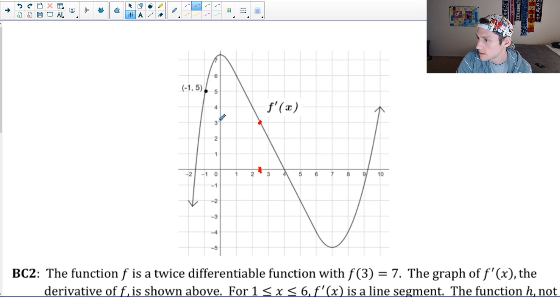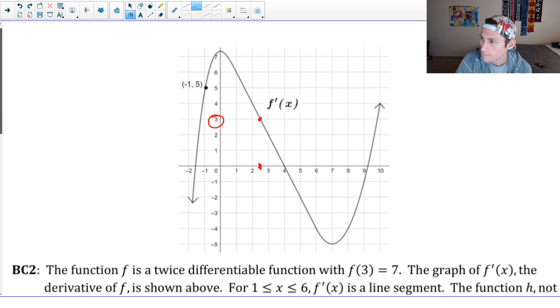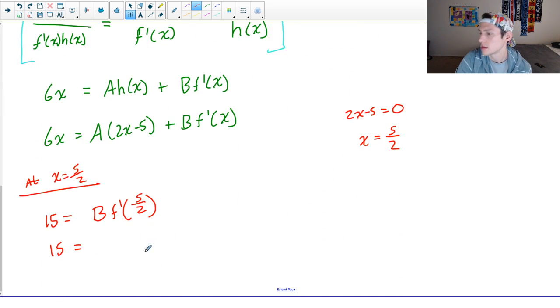Well, by golly, that's exactly at 3. So this is 3b. Divide both sides by 3. So I get b equals 5.